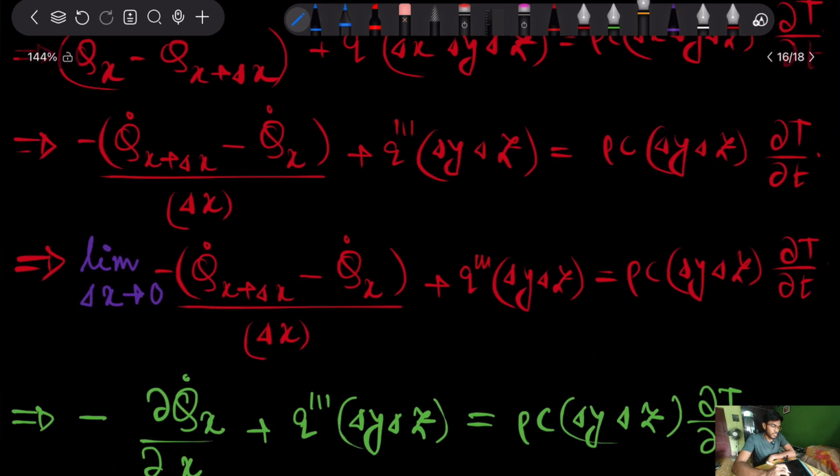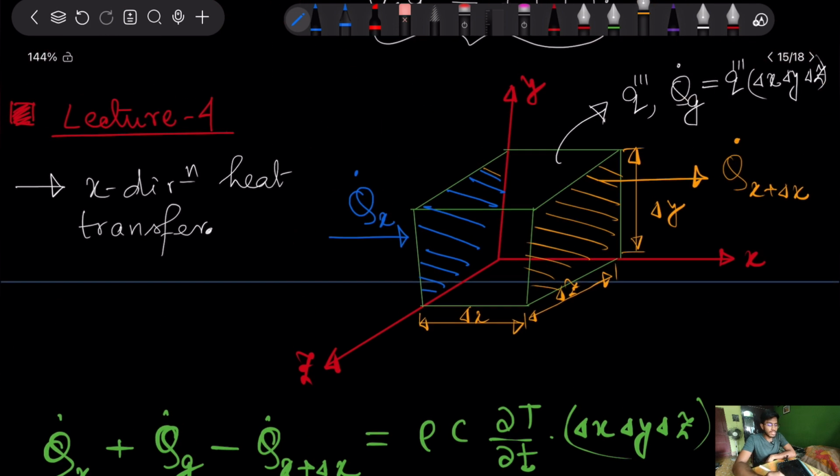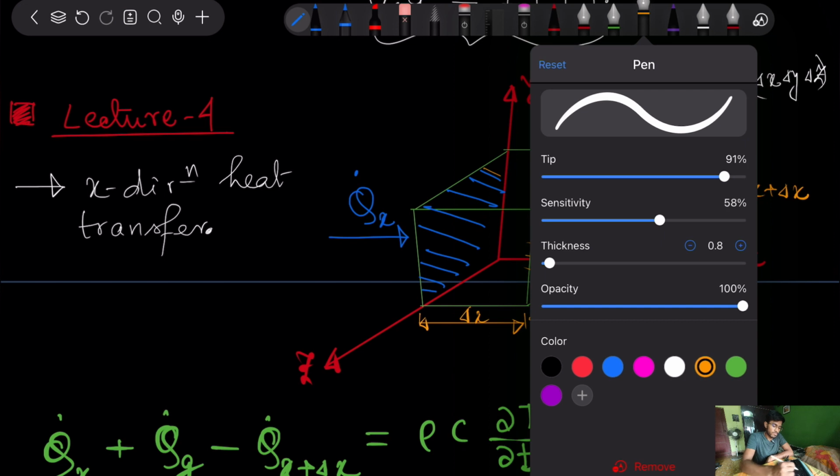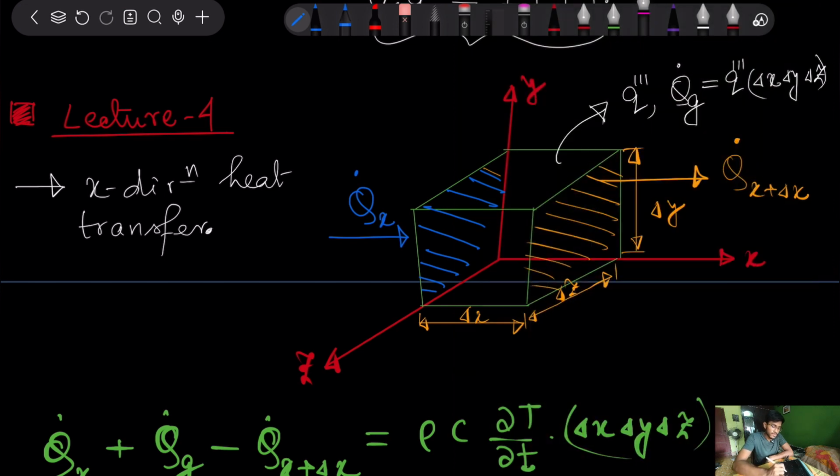Now if you have to write it in 3-dimensional, that is the most general case, then you will have heat transfer from this face also, that is for the y. So here you will have q y dot, and from this face you will have q y plus delta y, right.